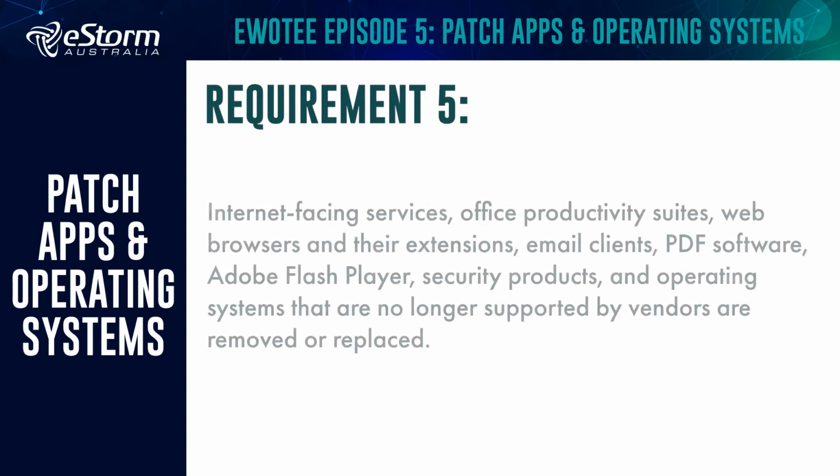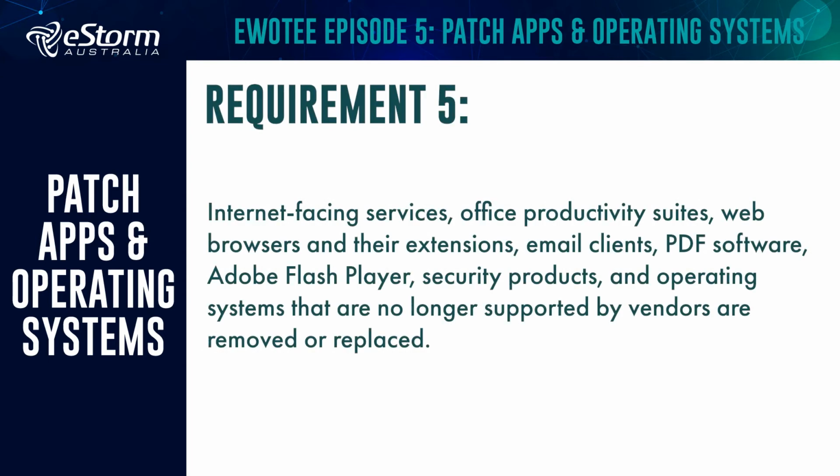And requirement 5. Internet-facing services, Office productivity suites, web browsers and their extensions, email clients, PDF software, Adobe Flash Player, security products, and operating systems that are no longer supported by vendors are removed or replaced.